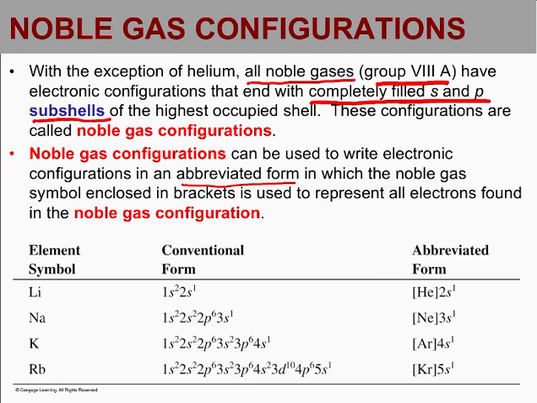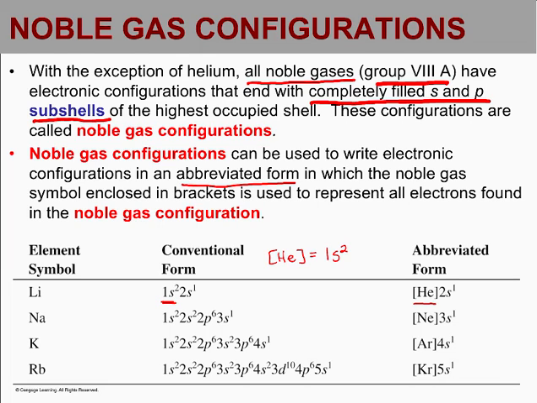So we know that helium's electron configuration is 1s2. We saw that earlier. And we can show helium in brackets and substitute that in, for instance, for lithium. Lithium's electron configuration is 1s2, 2s1, which we saw earlier. But instead of writing 1s2, we could just put in helium in brackets, and then follow that with 2s1.